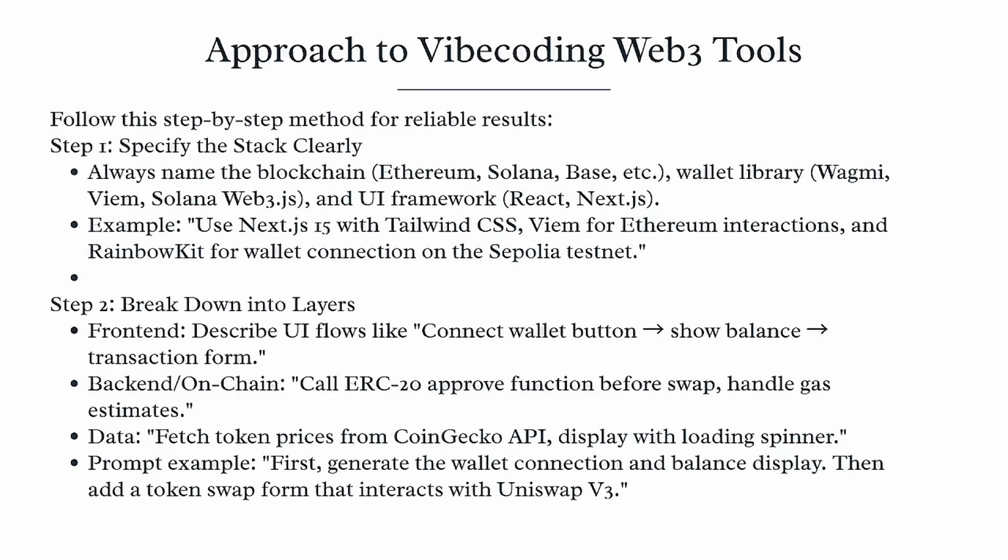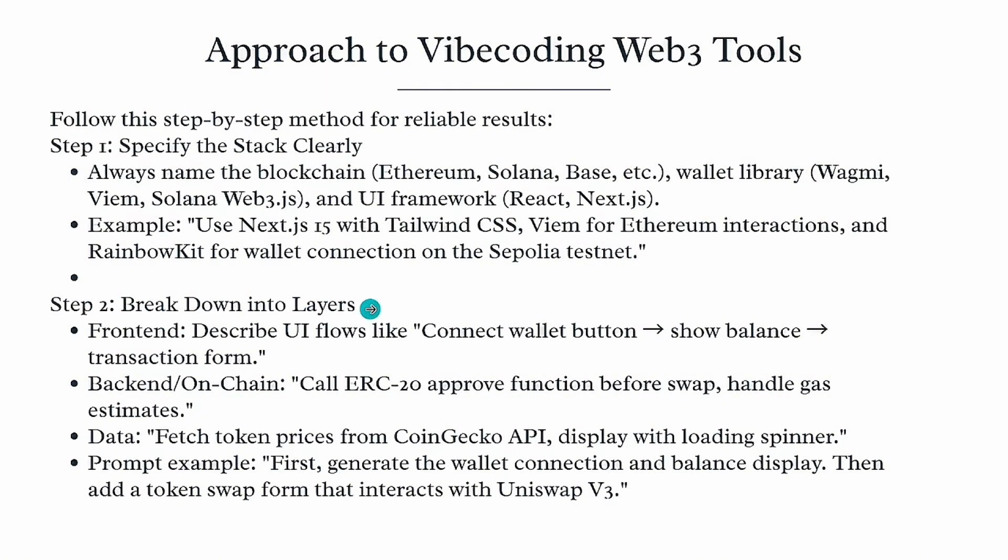For the wallet library, you can use different wallet libraries like Wagmi, like viem, like Solana Web3.js, like Move for Aptos, whatever, and it's going to fetch it and get the work done. You can also use different UI frameworks like React, Next.js, or even as simple as HTML code. It depends on whatever you're building. That's just an example.